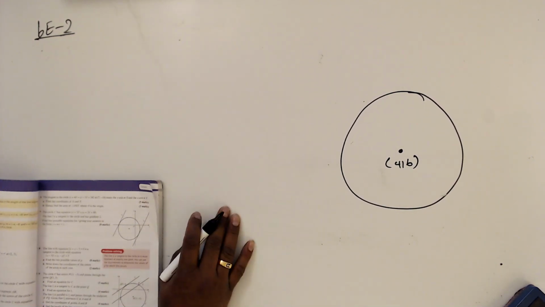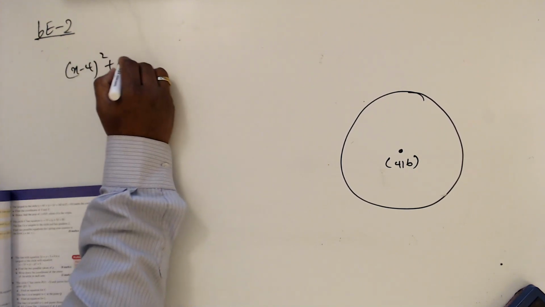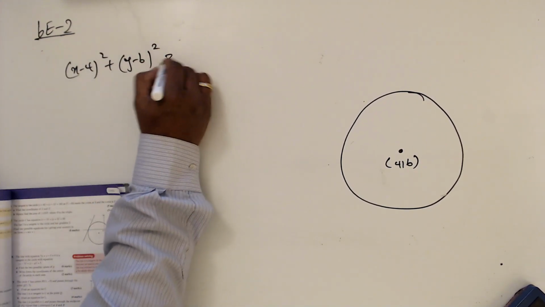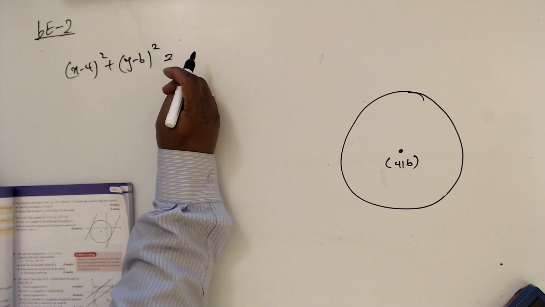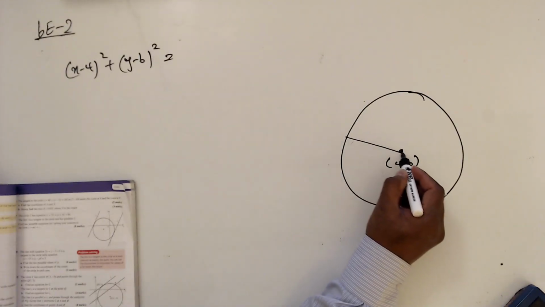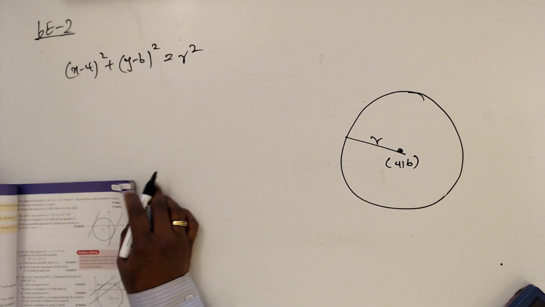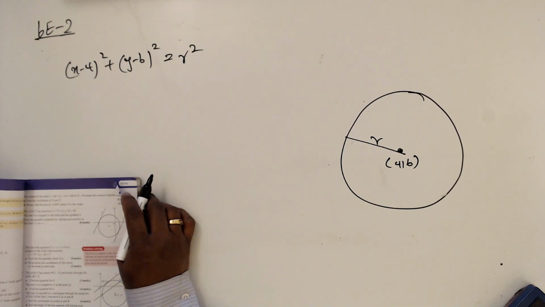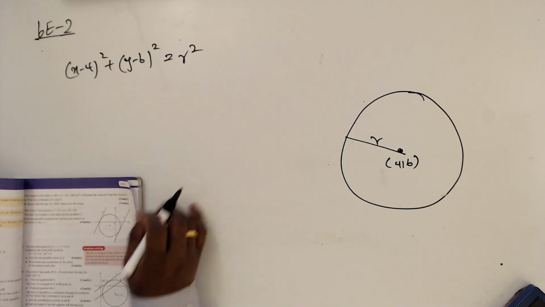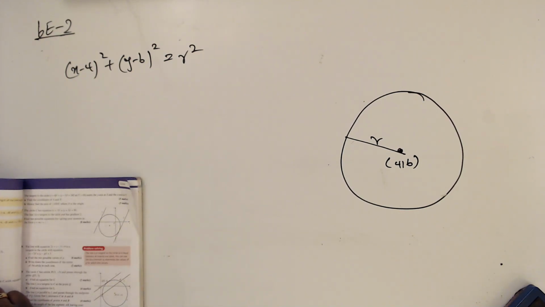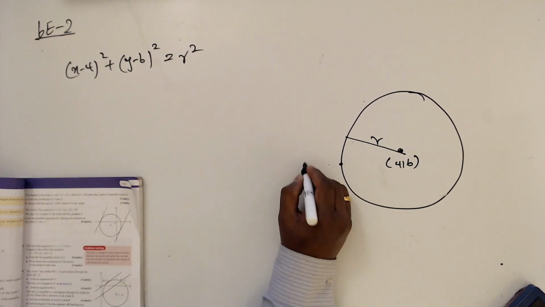Now what is the equation of this circle? (x minus 4) squared plus (y minus 6) squared equals what? r squared. If we can find r, then it's fine. There is a point (1, -2) that lies on the circle.